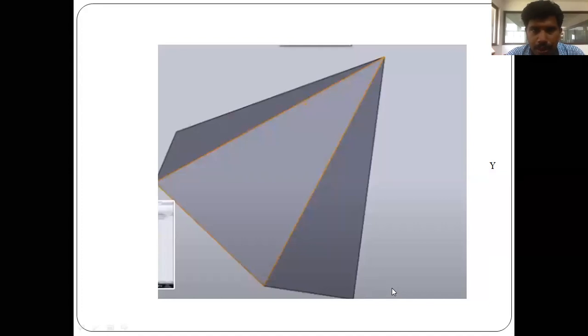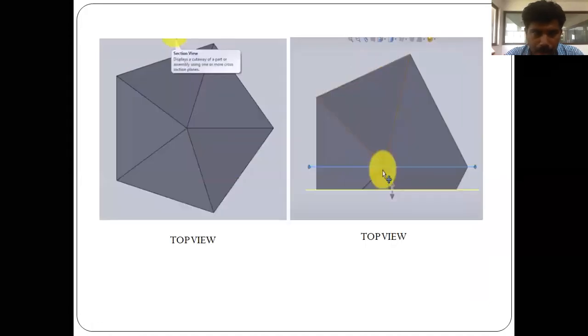So this is the object, a pentagonal pyramid of side 30 mm and height 60 mm. This is the top view, how it looks from the top. Here it is a top view, and it is a section after cutting.